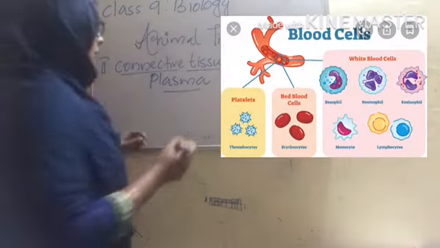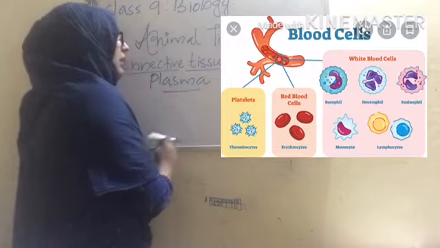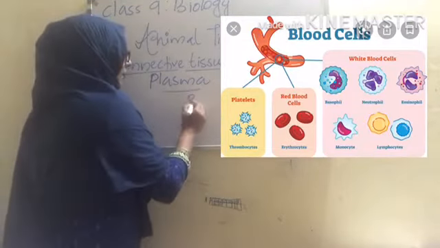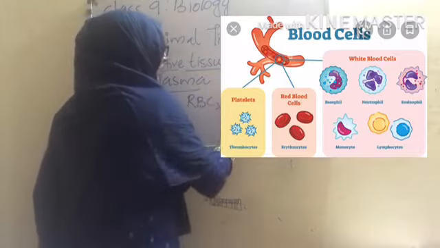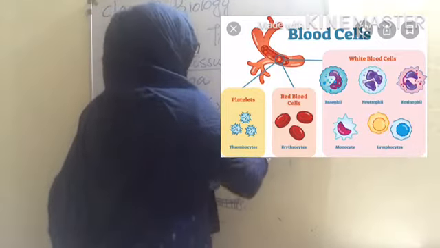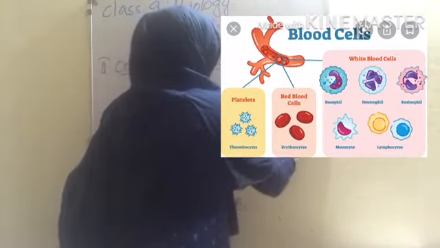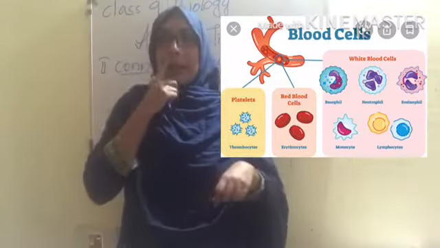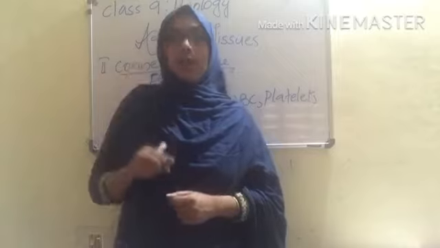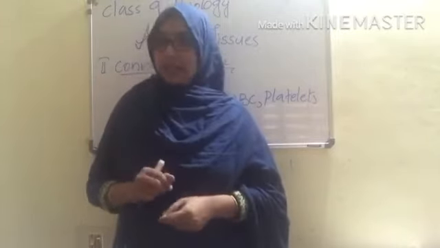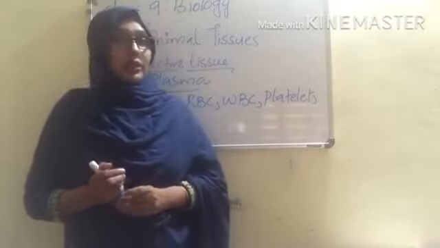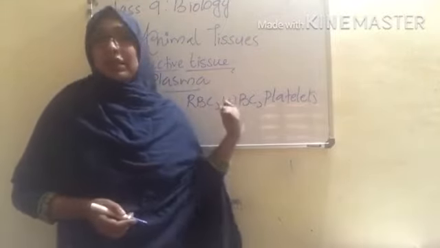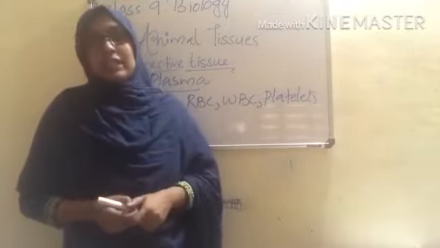Now, what all things does the plasma contain? Yes, it contains RBC, then WBC, then platelets. So blood contains RBC, WBC and platelets. All these things we had studied, right? So these are the cellular components of the blood which are embedded in the fluid matrix, that is plasma.